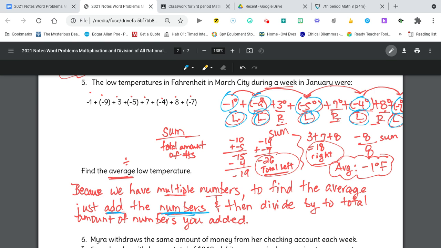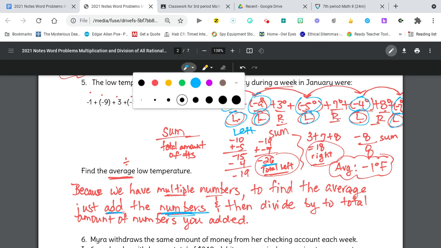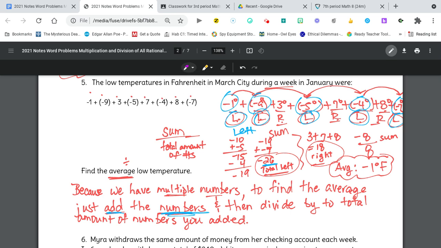When I added all those, because all these were the ones that went to the left, I got -26. And then I took 3 and 7, which makes 10, and added it to 8, which makes 18. And that's how I got this, 18 to the right.